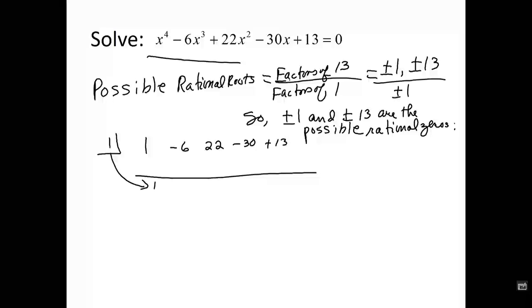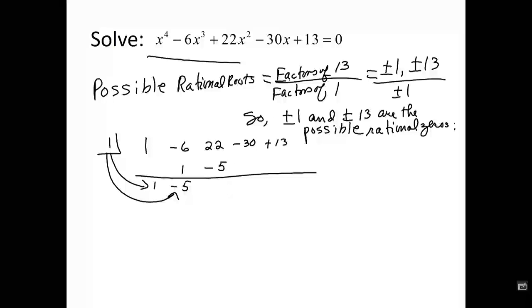We begin by multiplying 1 by 1, which is 1. And now we add. A positive 1 plus a negative 6 is a negative 5. 1 times negative 5 is negative 5. And now you want to add.